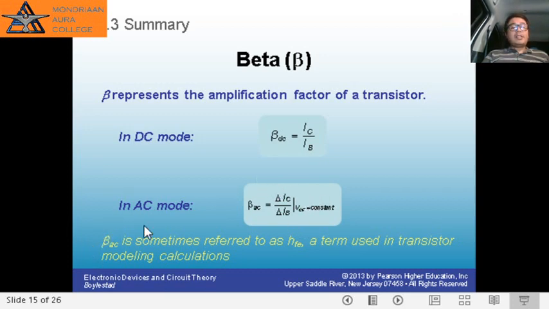Ang beta AC is also referred to as HFE, which is a hybrid parameter. Don't worry about this term for now kasi pag-aaralan natin 'to pagdating na natin sa AC analysis sa hybrid model natin. Alright? In transistor specification sheets or data sheets, ang beta is expressed as HFE. So kapag nakita natin HFE doon sa ating data sheet for specific transistor models, beta rin yan.